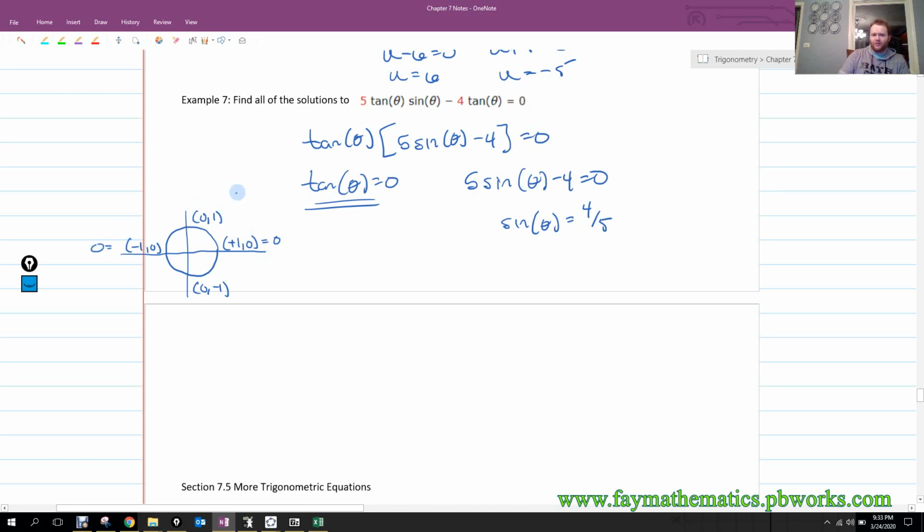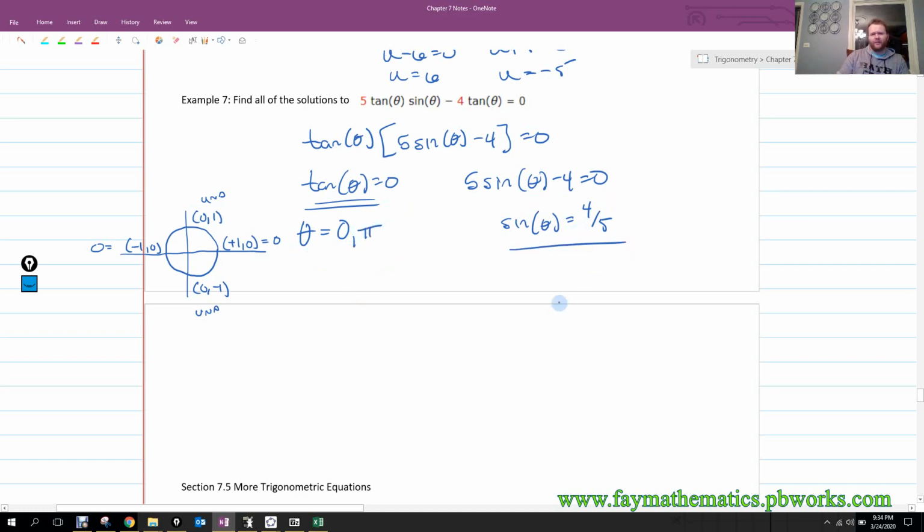Over here it gives me 0, and up here y divided by x would be undefined, and down here would be undefined. So my two positions that give me values for theta would be 0 radians, or 0 degrees, and pi radians, or 180 degrees.